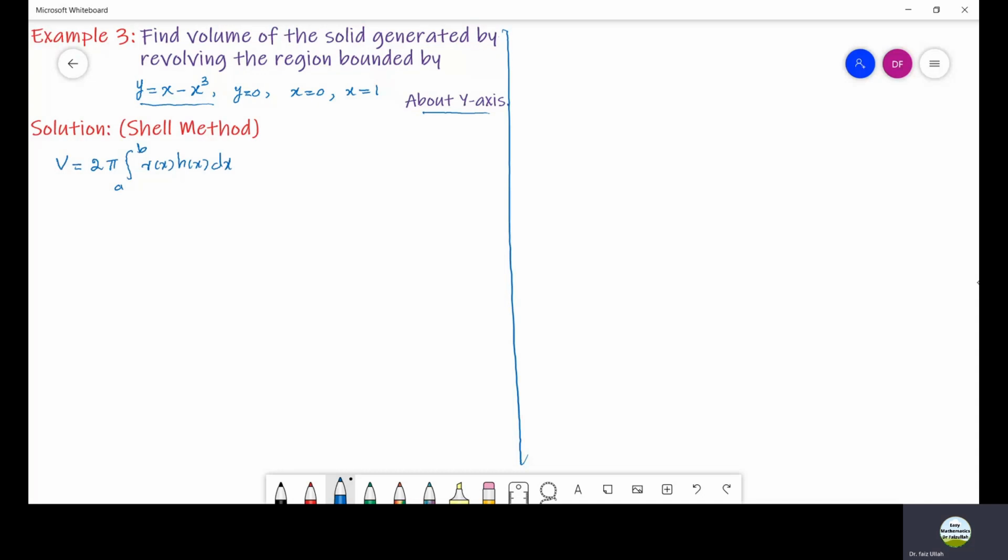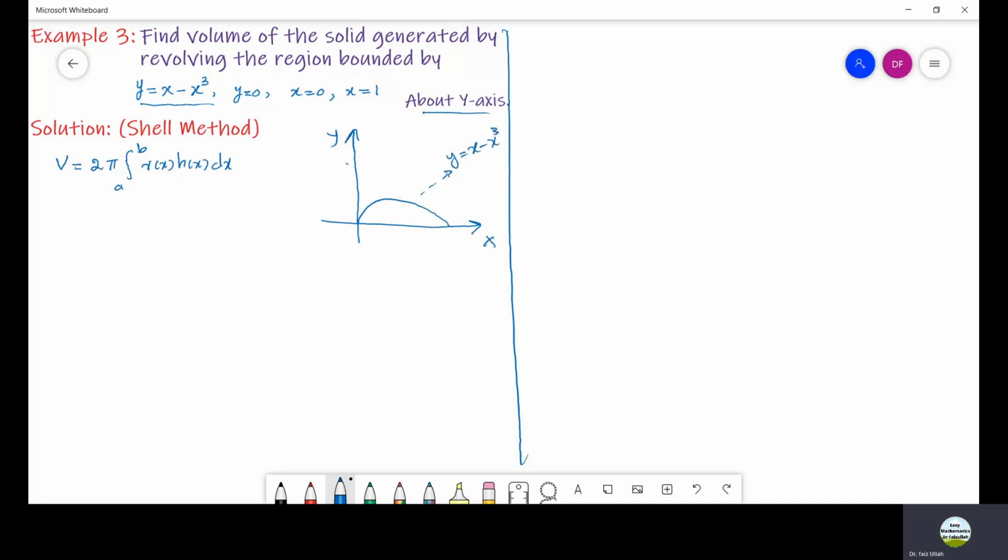Now here the graph of this curve is like this one. This is the x-axis, this one is the y-axis, and the graph of the function is like this one. So let us say this is the graph y = x − x³.